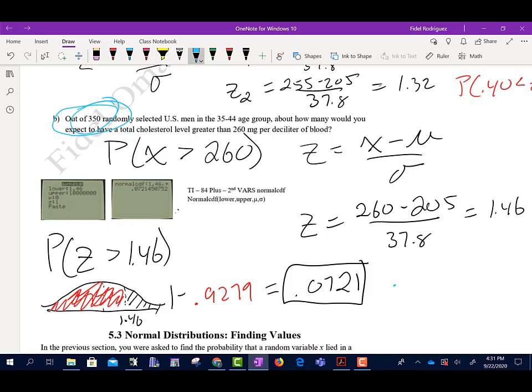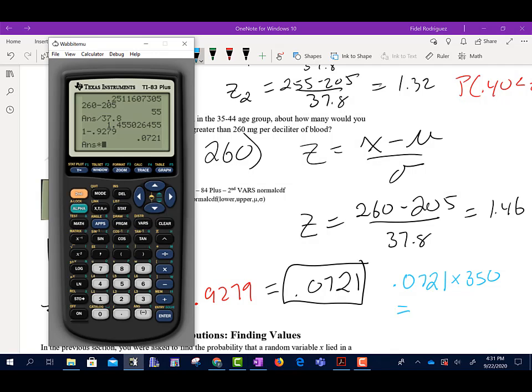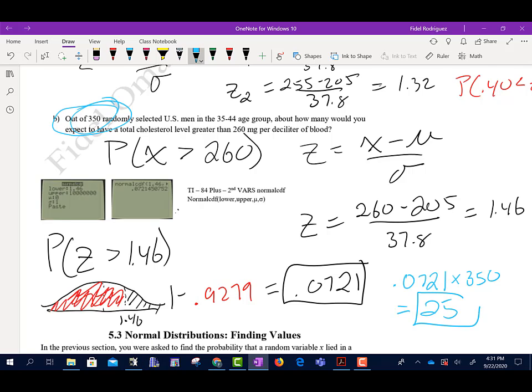Now I'm going to take my calculator, 0.0721 multiplied by 350, and that tells me how many people we'd find. I'm thinking about this as people, guys, so I can't have 25.2 people. I would say about 25 men. And that right there, guys, is 5.2.